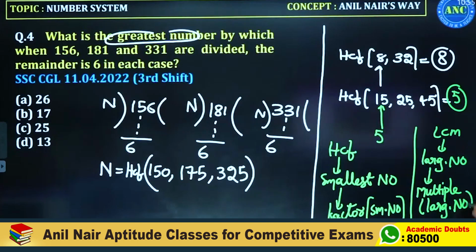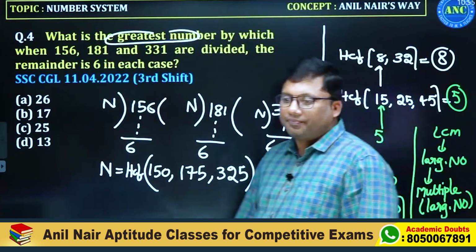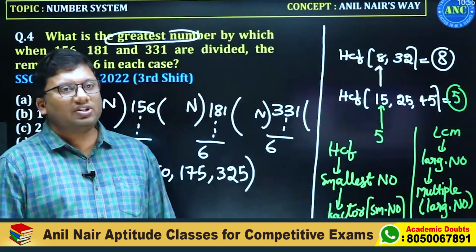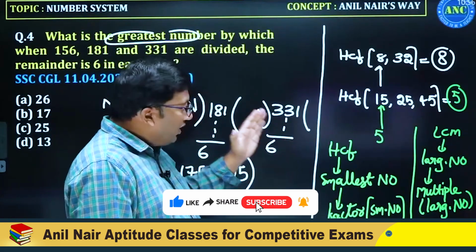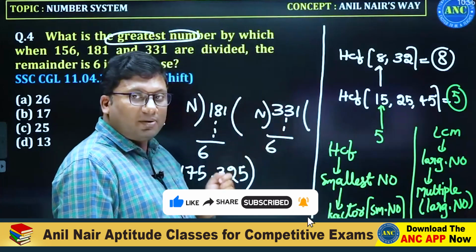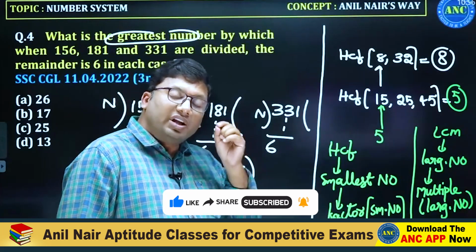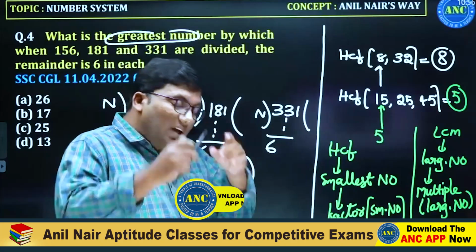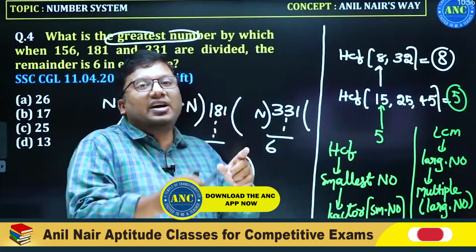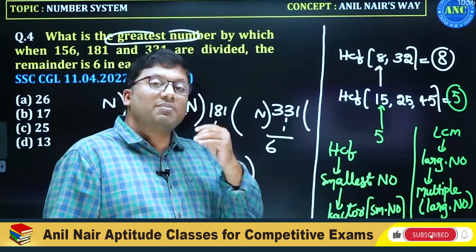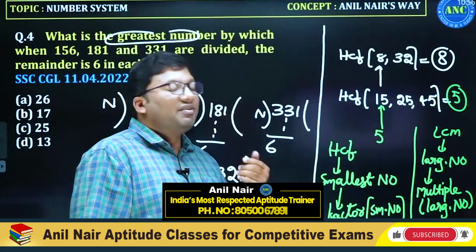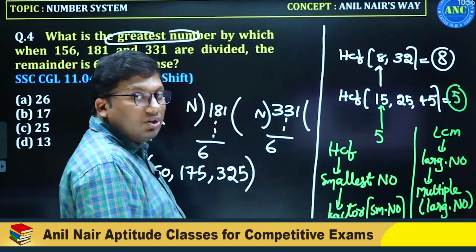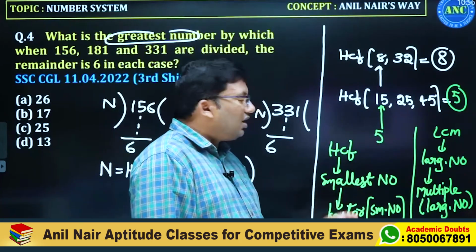Simple definition of HCF and LCM. HCF means you will concentrate on the smallest number. The smallest number should divide every other number. If the smallest number is dividing every number, the smallest number is the HCF. If not, you will go to a factor of the smallest number.